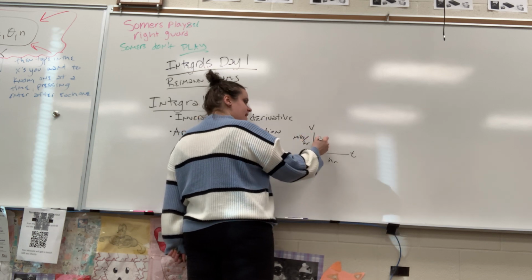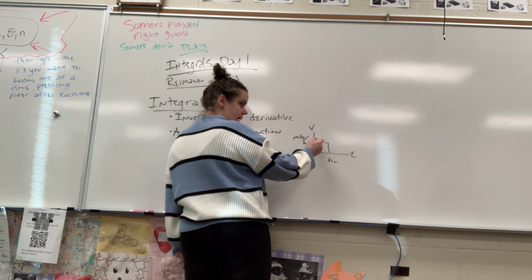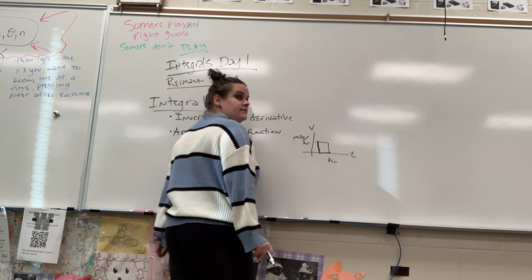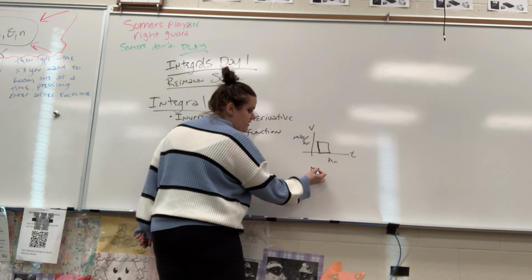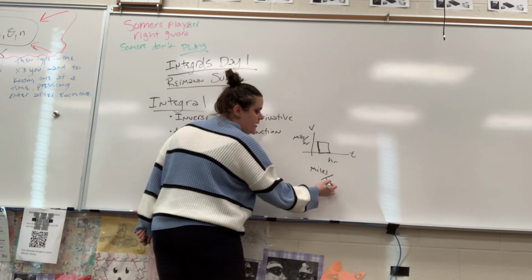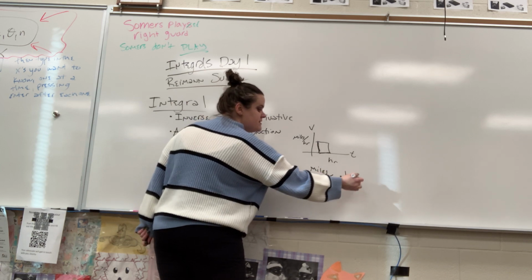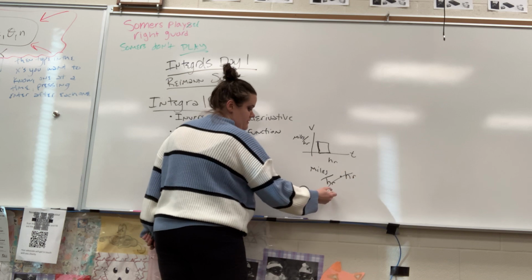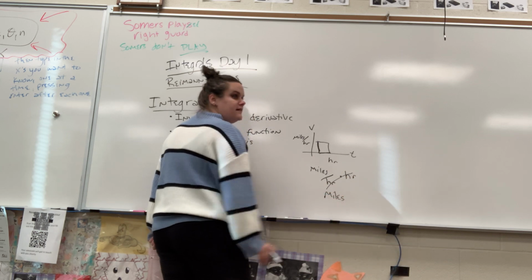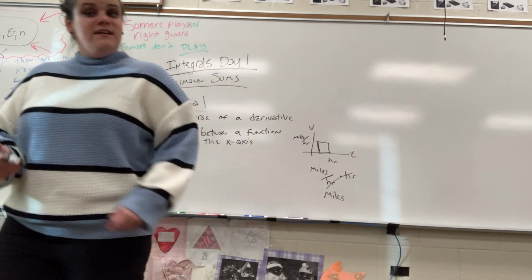If I'm finding the area of something, base times height, right? Miles per hour times hours, I'm left with miles. Does that make sense?